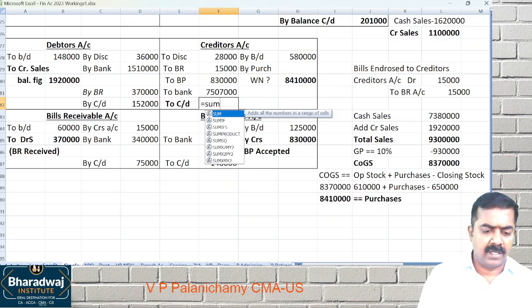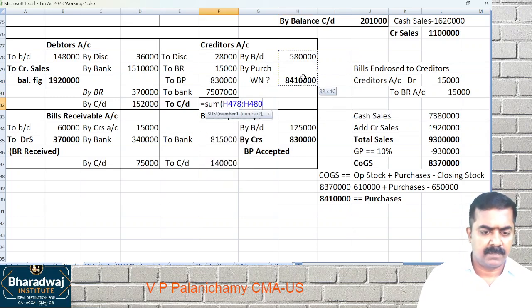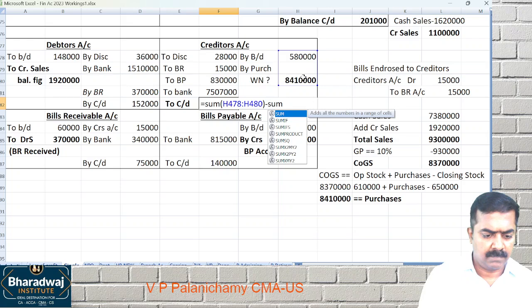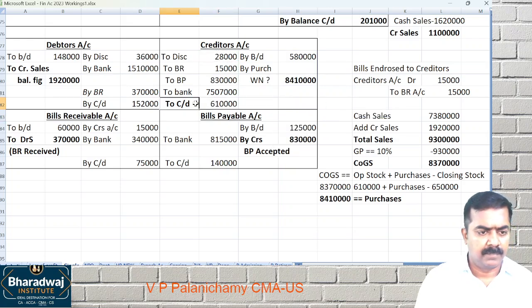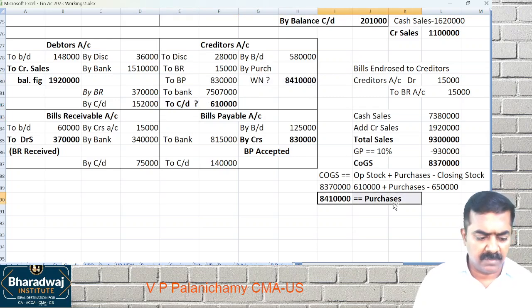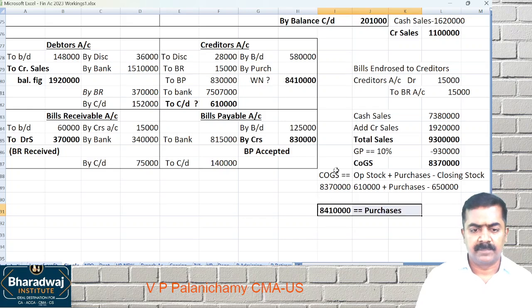Solve this and you will get the closing balance. This is for balancing purposes, 6,10,000 balancing. This purchases 84,10,000 we worked out as a separate working.